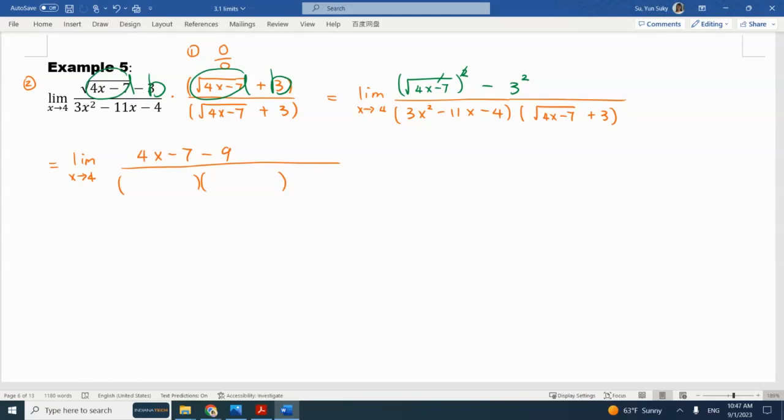No, but what if it was... Oh, if it's 4, then it's 4 squared. So it's whatever the b squared is. A minus b times a plus b is a squared minus b squared. It's whatever the b is. Yes.